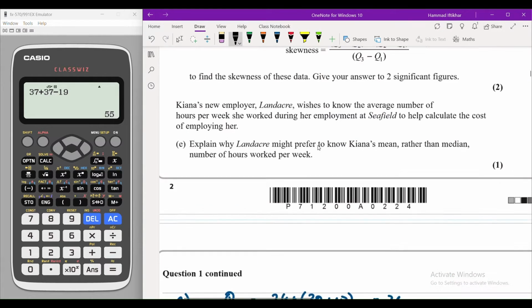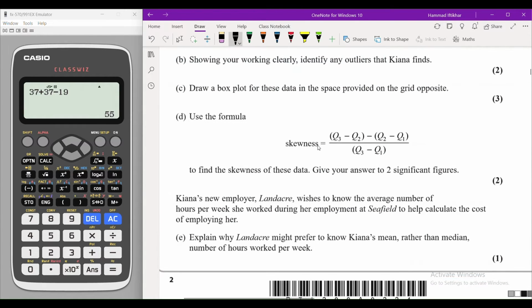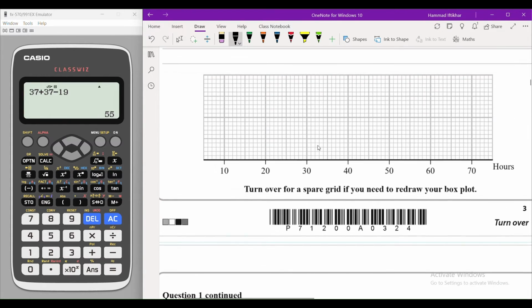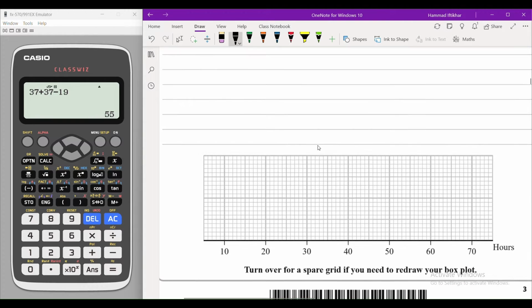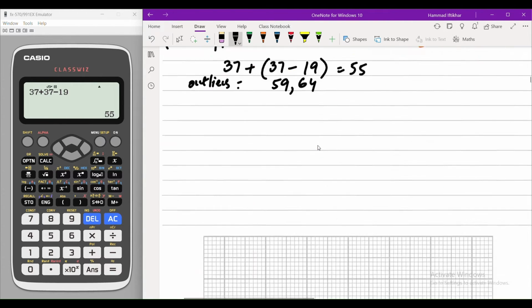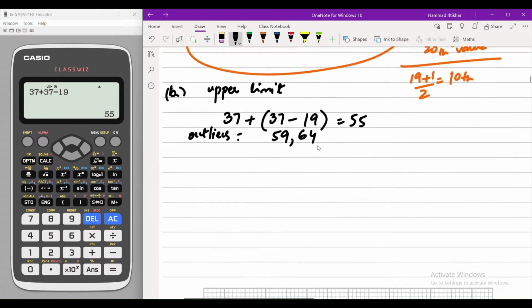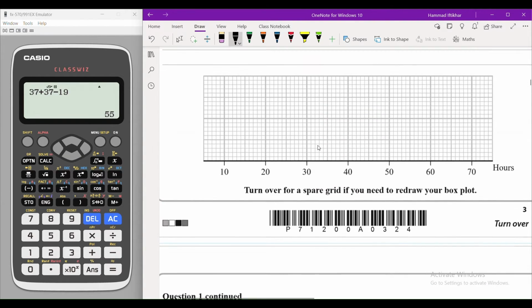Then we have, draw a box plot for these data in the space provided on the grid opposite. Q3 is 37, Q1 is 19. I'll just quickly draw it and then I'll show you.